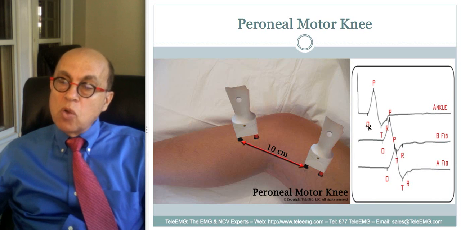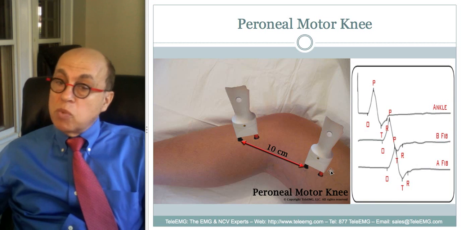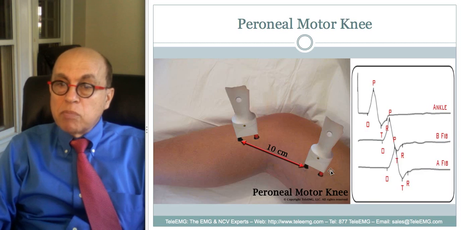One is O, onset, peak, and trough, return to baseline. The O is getting further and further and further. We calculate conduction velocities between the ankle and the below fibular head, and between below fibular head and above fibular head. So we stimulate this motor nerve, the peroneal nerve, in 3 different places.